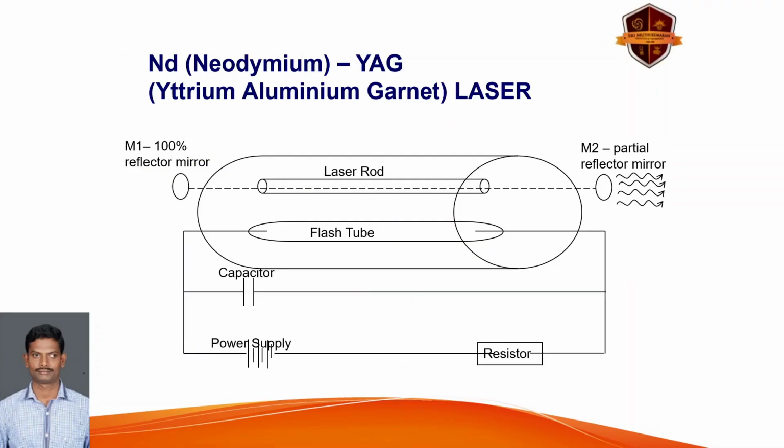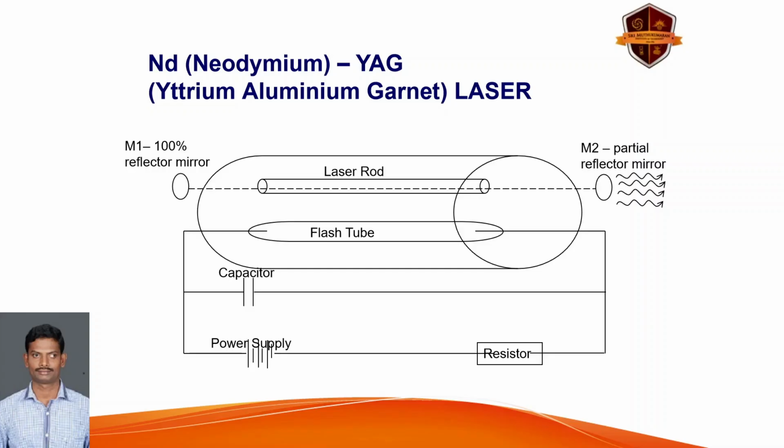This is the Nd:YAG laser construction. The active medium is made as a rod of yttrium, aluminum, garnet doped with the rare earth metal ion neodymium, Nd3+ ion. The rod is placed inside a highly reflecting elliptical cavity.